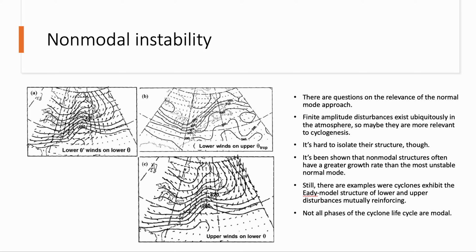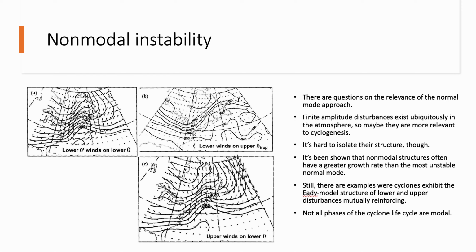There can be things that cause the generation of vorticity other than the spontaneous growth. Okay, and so it is still a question, I guess, of how much this normal mode analysis is relevant, given that there are so many finite amplitude perturbations available on Earth.